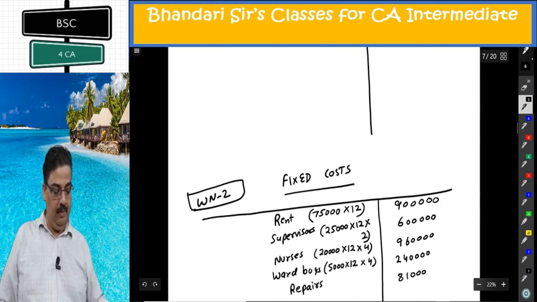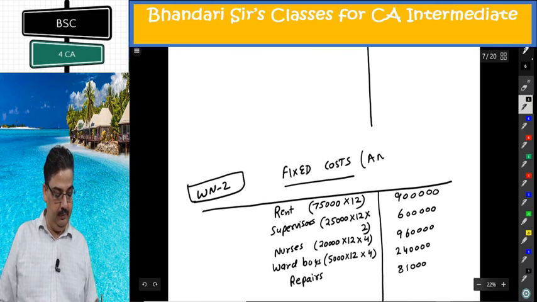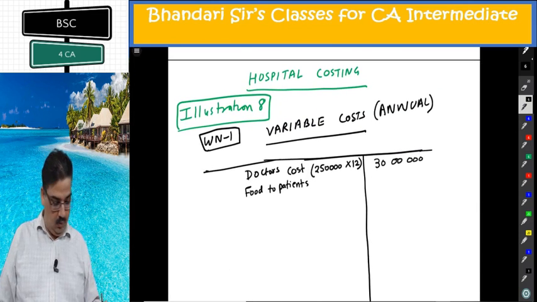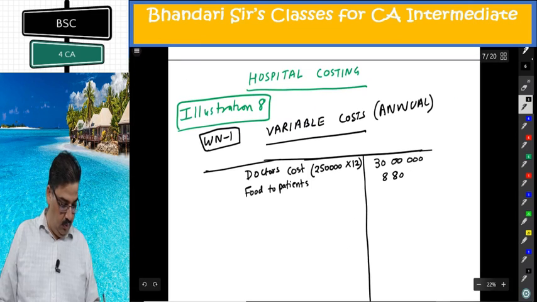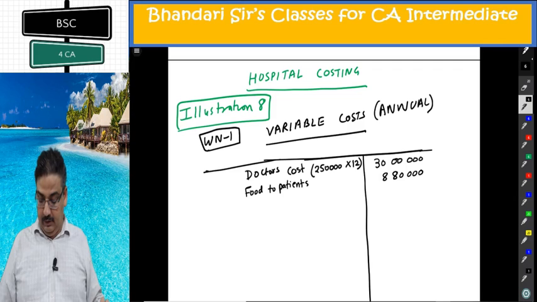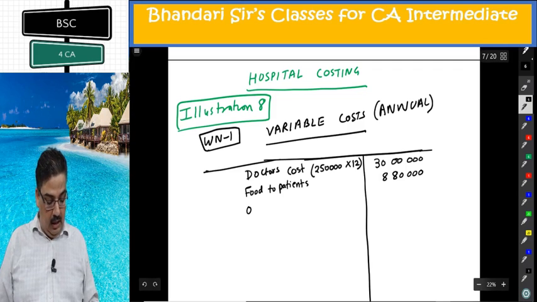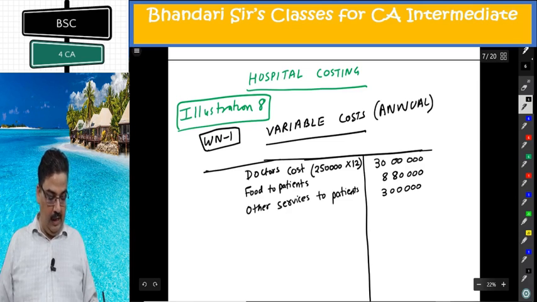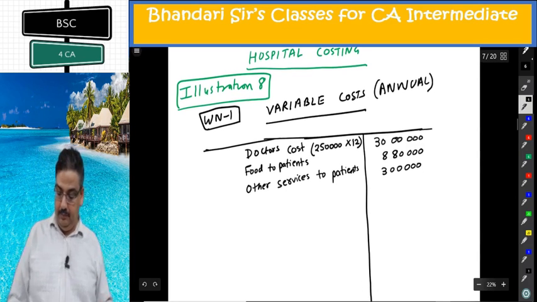In fixed also in bracket I can write annual. Food to patients 8,80,000, variable, given. Other services to patients, the brackets make it easy for me, 3 lakh. All is annual. On the top it is clearly written.